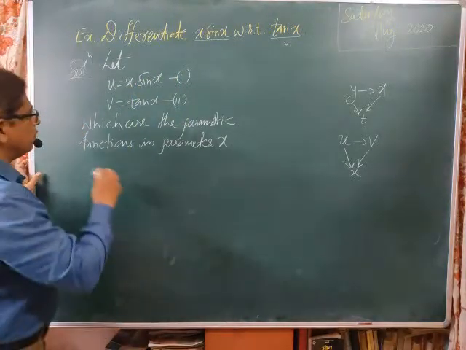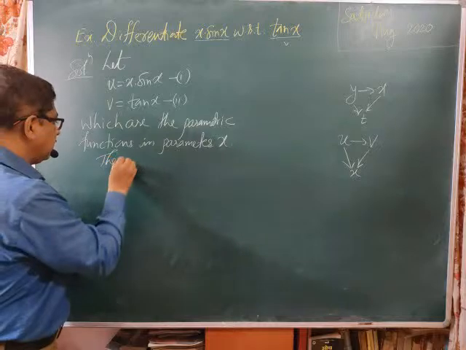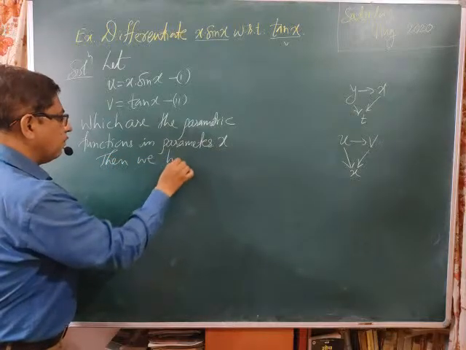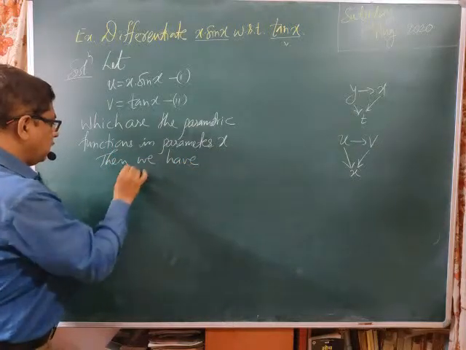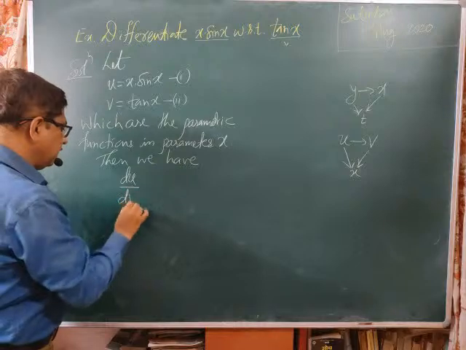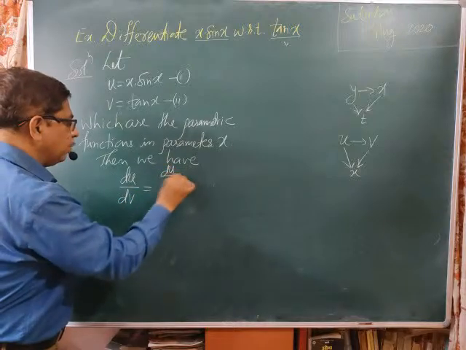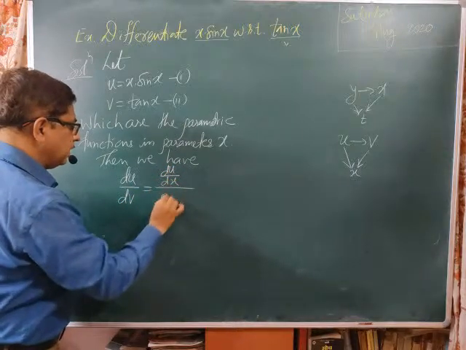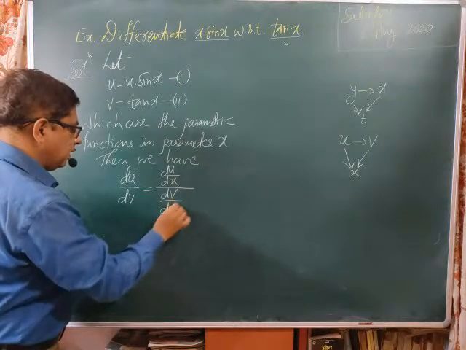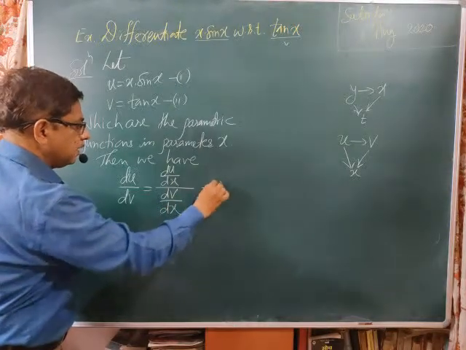Okay, so then we have du by dv is equal to du by dx divided by dv by dx. I'll call this as 3.